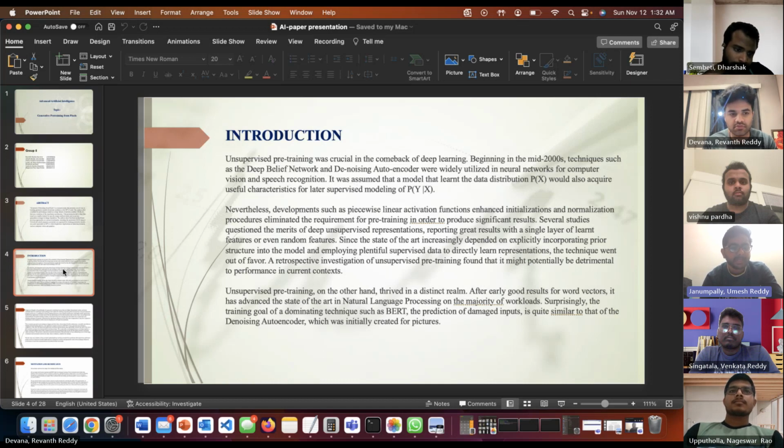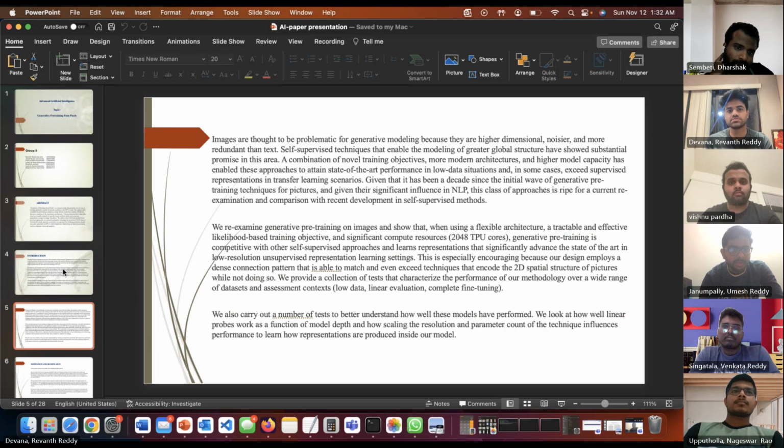Moving on to the next slide. We re-examine generative pre-training on images and show that when using a flexible architecture, a tractable and effective likelihood-based training objective, and significant computer resources, for example 2048 TPU cores, generative pre-training is competitive.